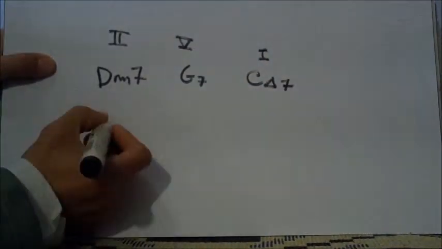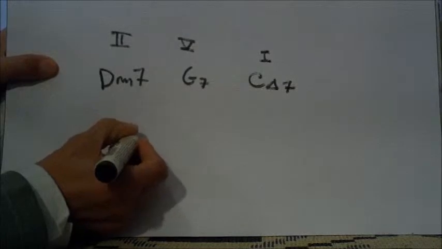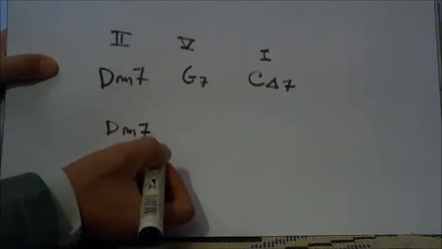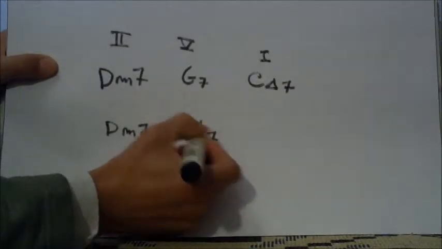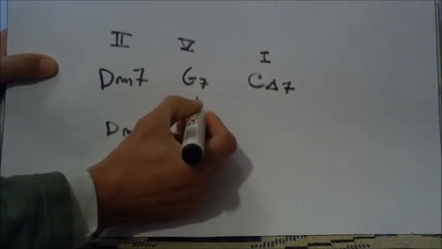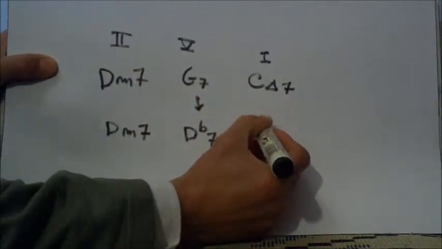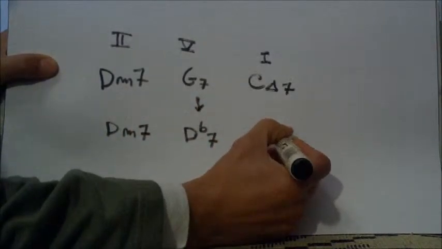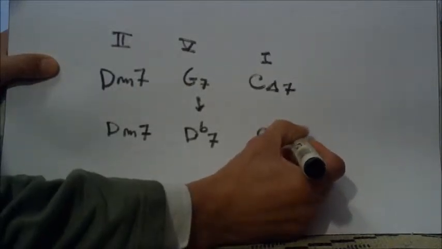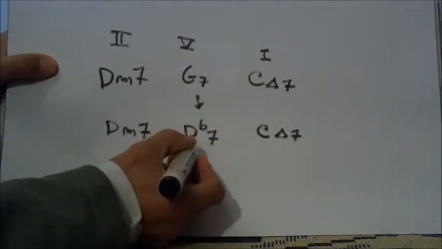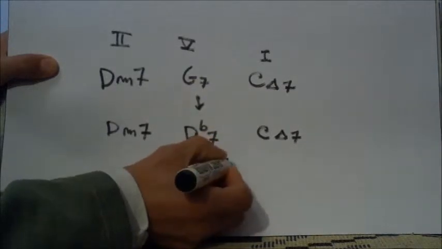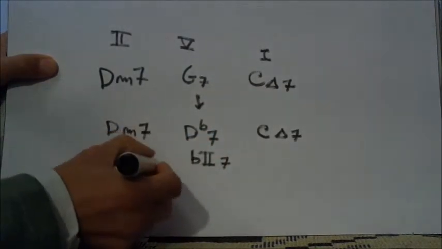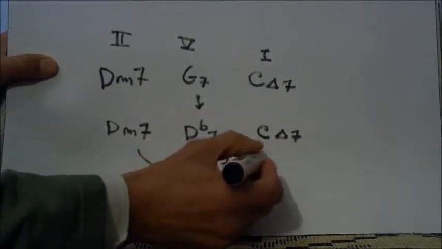So instead of having this, you'll have D minor 7, this one stays the same, then D flat 7, this is the tritone substitution, and you'll resolve again to the C major 7 chord. So what you have here is a flat second dominant chord. This is of course a chromatic movement downwards.